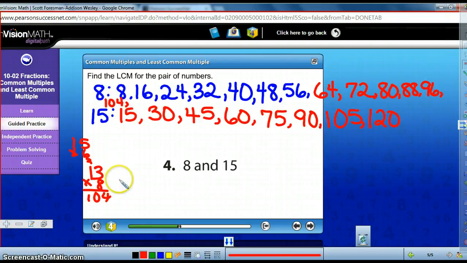And then 8 times 14 is 112. We did it! No, we didn't. Almost. One more. 15 times 8, which is 120. There we go.